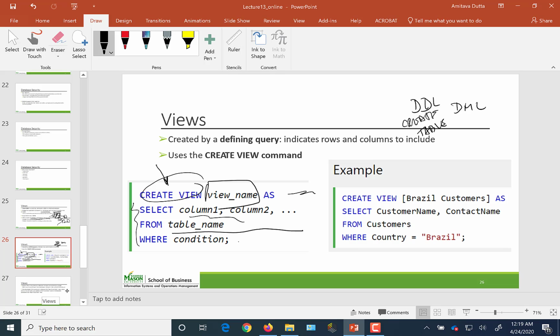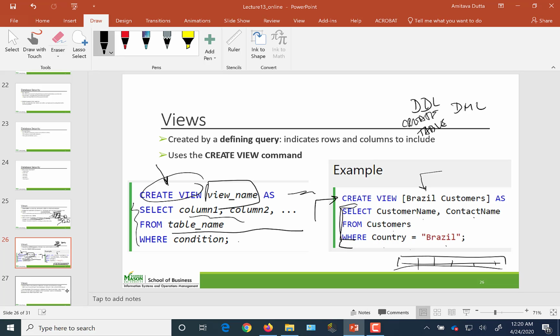Okay, so let's look at some examples. Here's an example. Create view Brazil customers. So these are only customers from Brazil, as select customer name, contact name from customers where country is equal to Brazil. Based on what you know about SQL, you have a base file called customers, and that presumably has a lot of columns in it, and it presumably has customers from all kinds of different countries.